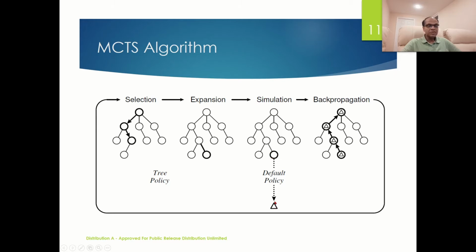It stops there and then starts the backpropagation phase, which takes the value from that bottommost state and percolates it up, or moves it upwards towards the top of the tree. But remember that the random walk or rollout path that was created is not maintained anymore. Rather, the backpropagated value is only updated along the nodes of the path going up towards the root of the tree, those nodes which had already been expanded.